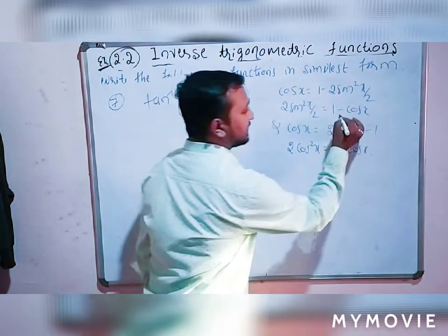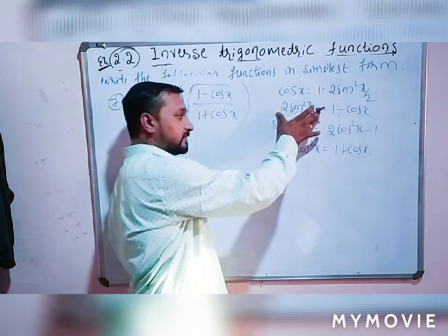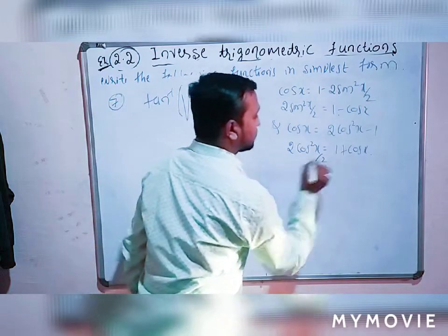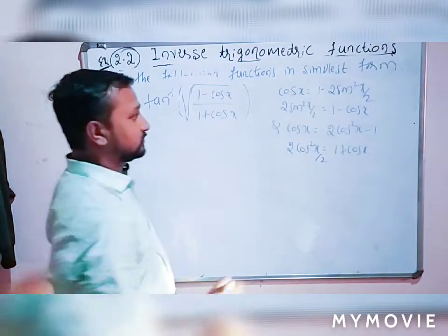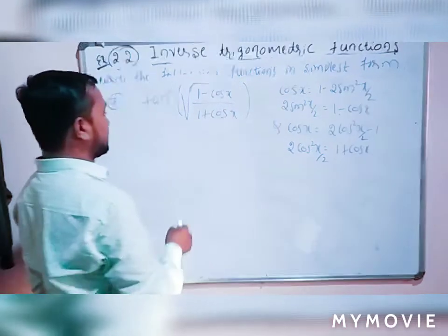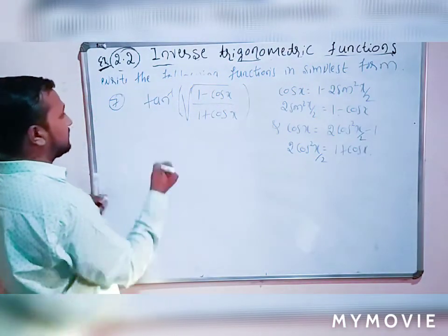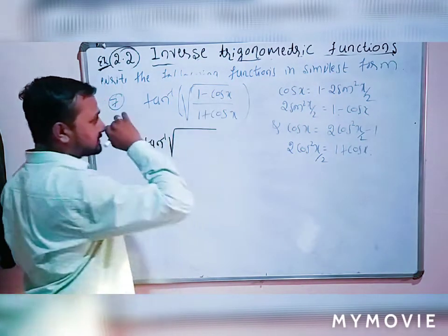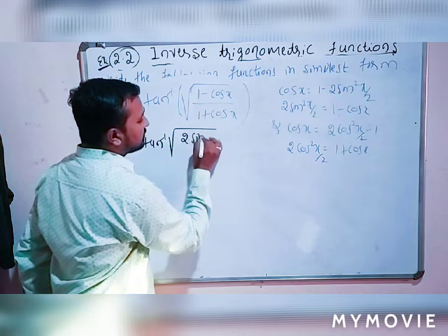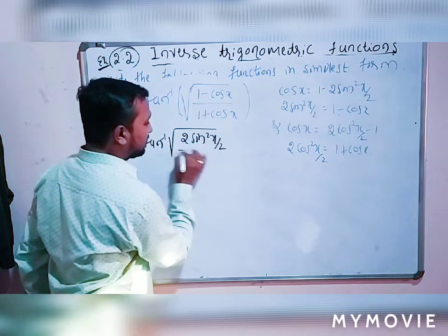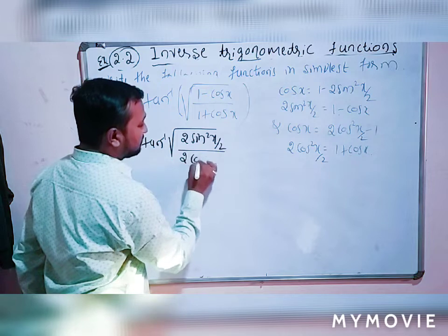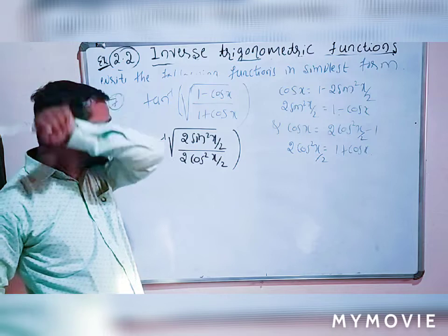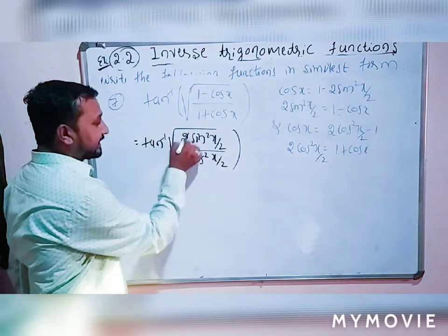Is it clear? So 1 minus cos x is 2 sin square x by 2, and 1 plus cos x is nothing but 2 cos square x by 2. Put the same, we'll get the answer. That is equal to tan inverse of root of 2 sin square x by 2 divided by 2 cos square x by 2. 2 and 2 get cancelled.